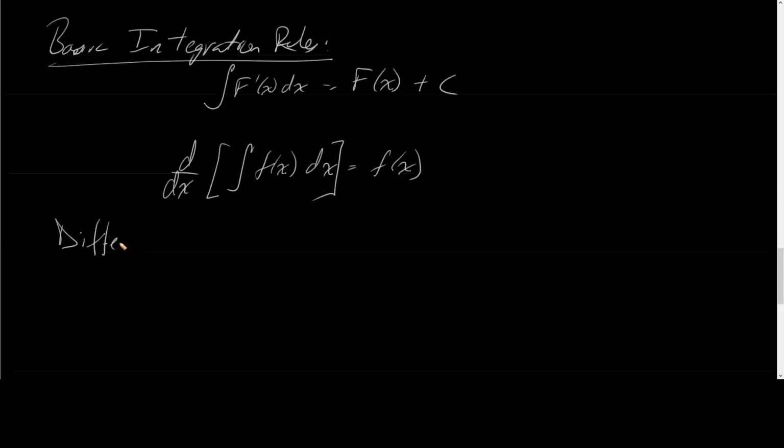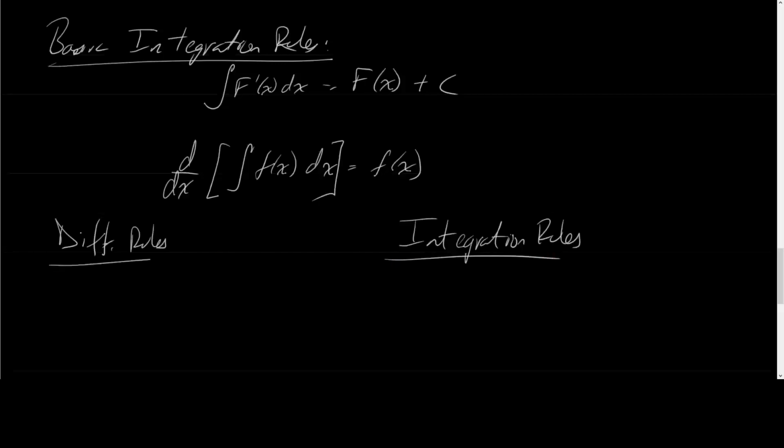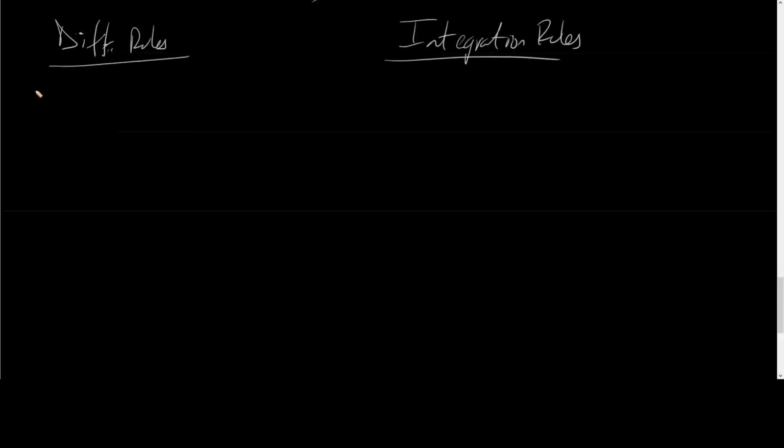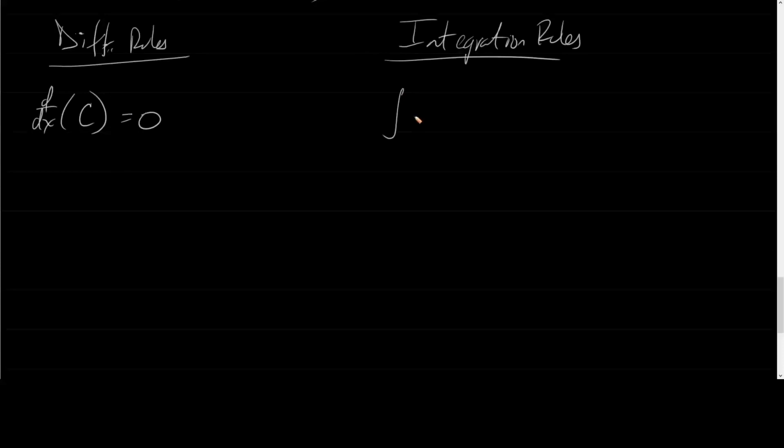So differentiation rules, and over here I'll do the integration rules, because they're very much associated with each other. If I take the derivative with respect to x of a constant, that's 0. Similarly, the antiderivative of 0 with respect to x is just a constant.